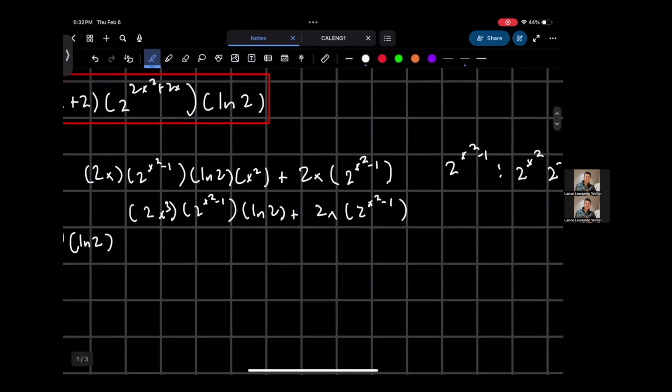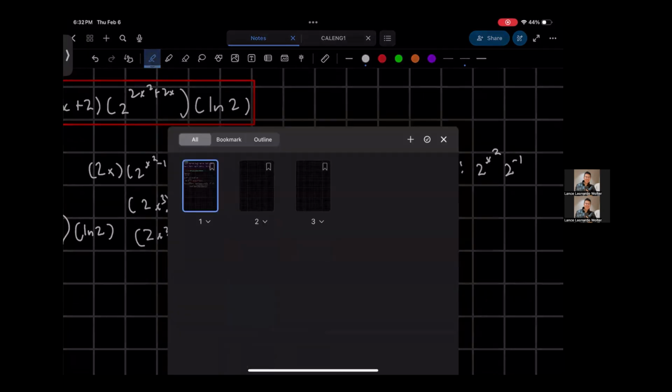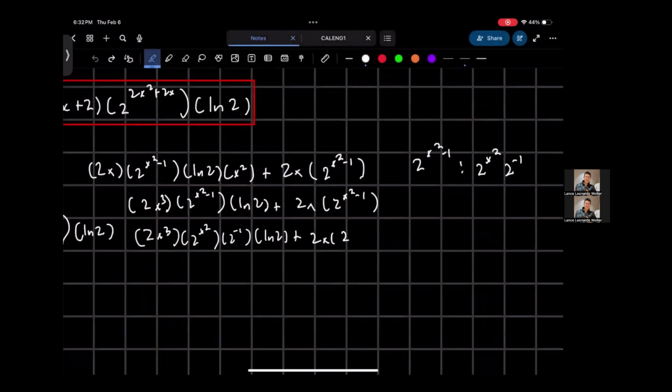Now, let's apply this. So 2x cubed times 2 raised to x squared times 2 raised to negative 1 times ln of 2 plus 2x times 2 raised to x squared times 2 raised to negative 1.